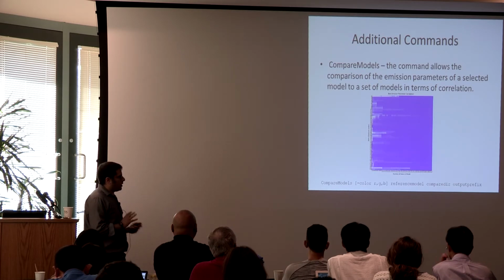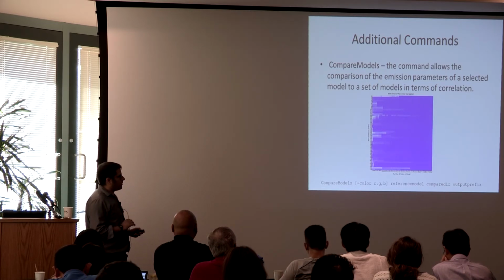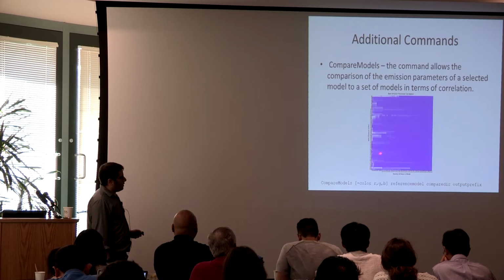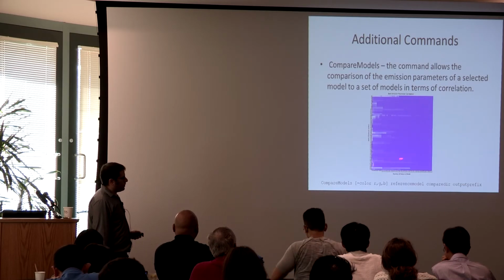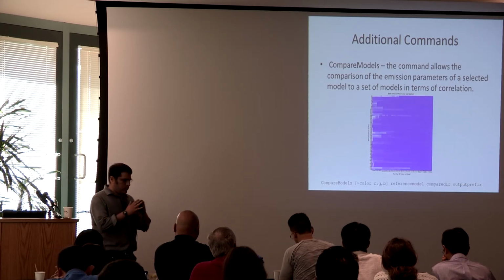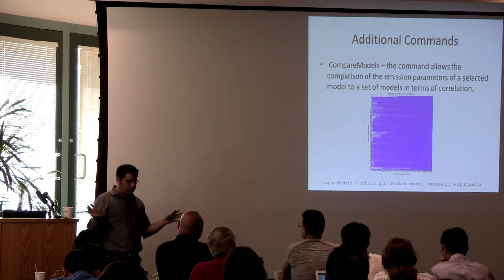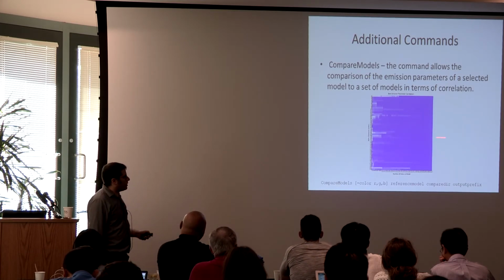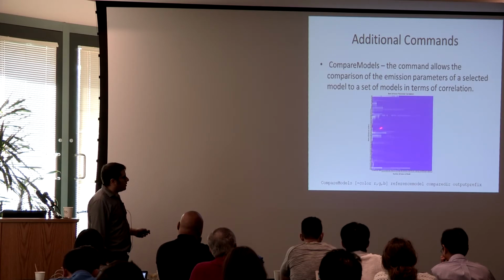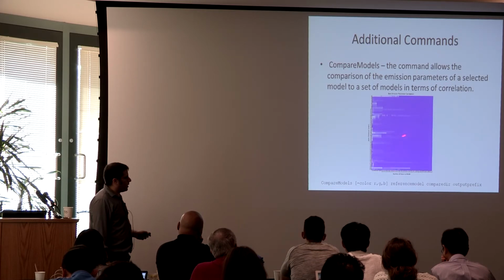One way to compare them is in terms of the emission parameters. In particular, you can take one of the largest models you've learned, and then ask to what extent you have some state in models of smaller numbers of states that correlate with that state.